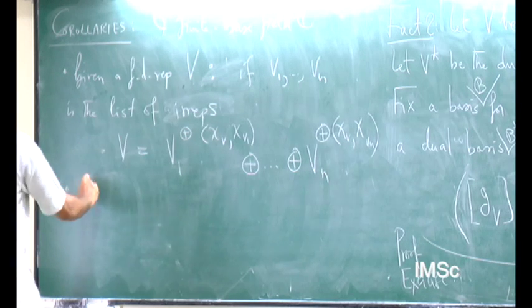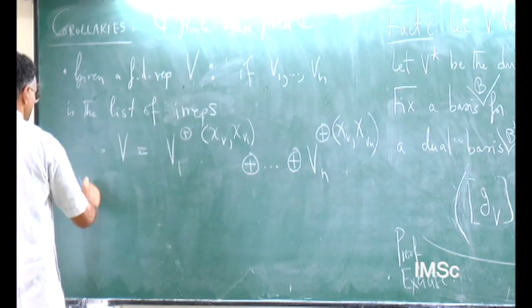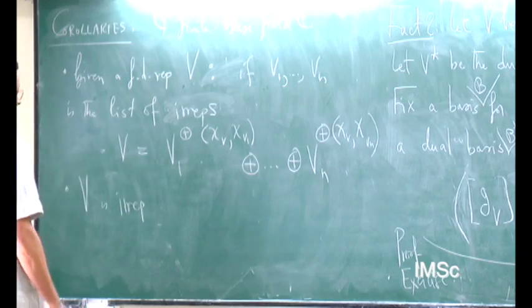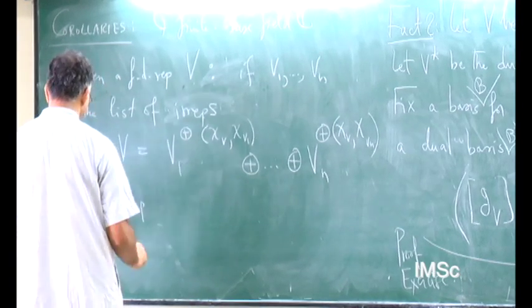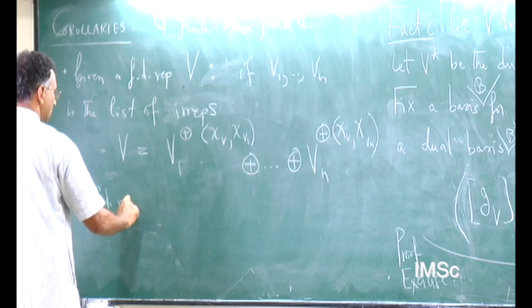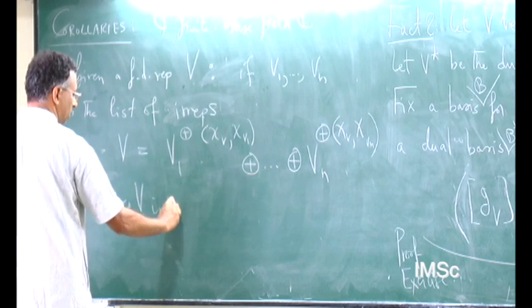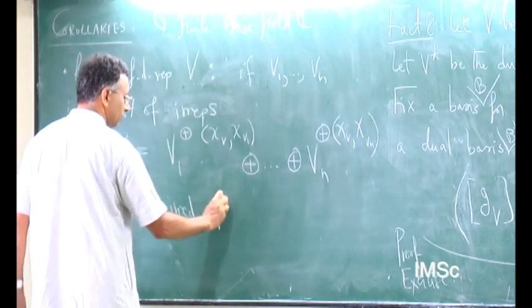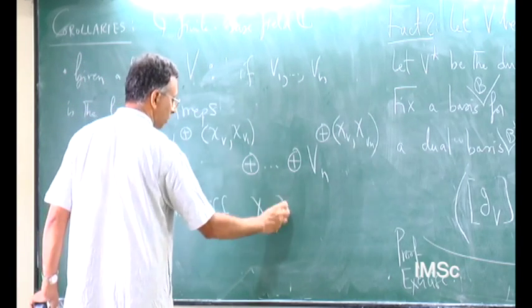Okay, so a finite dimensional representation V is irreducible if and only if the inner product of chi V with itself is 1.